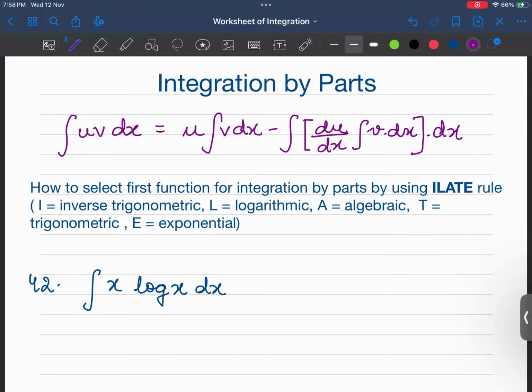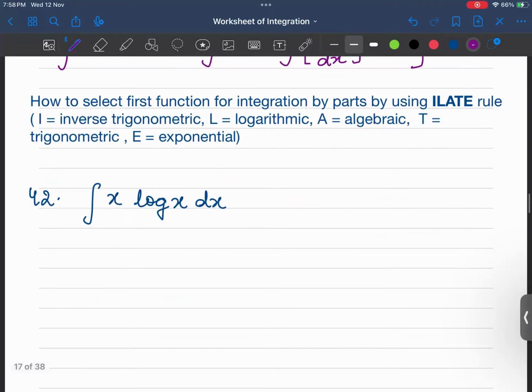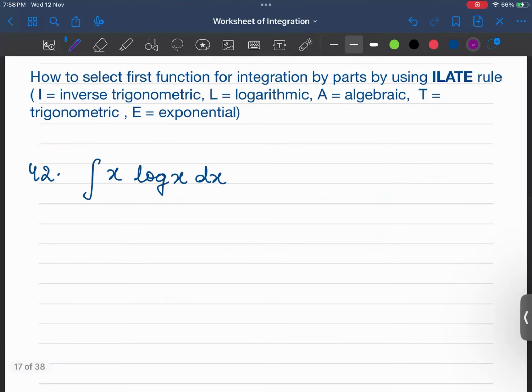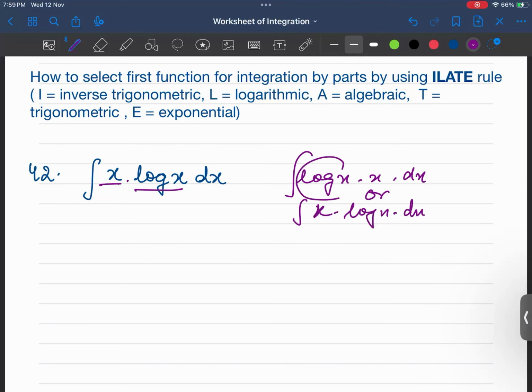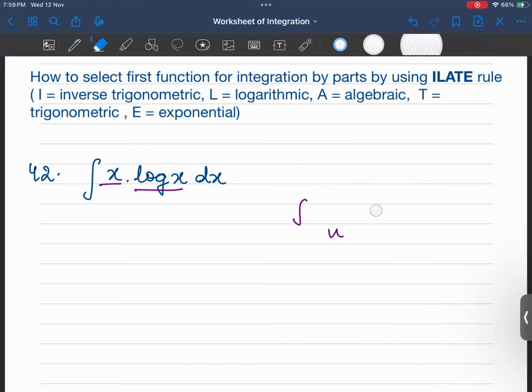Suppose, let's take some questions and then you will understand. Suppose you have to integrate x multiplied by log x. You have 2 functions. Now, which one? I can write it as log x into x dx, or the way the question is given, x log x dx. I can take x as u, or I can take log x as u. So I have to take a call which one would be my first function.